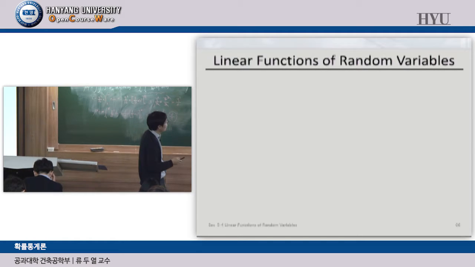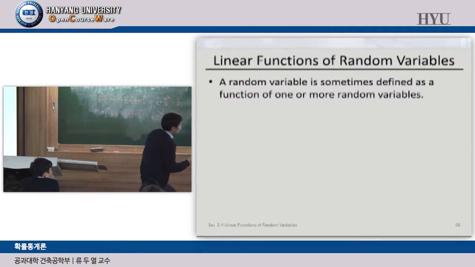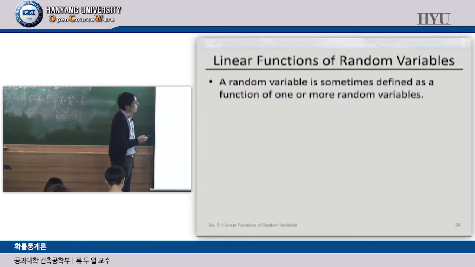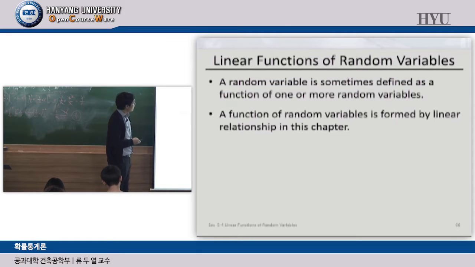So this page is going to discuss that case. A random variable is sometimes defined as a function of one or more random variables, and the function of random variables is formed by a linear relationship in this chapter.